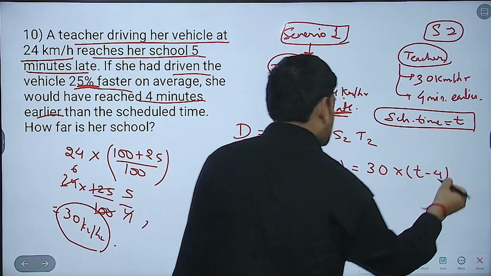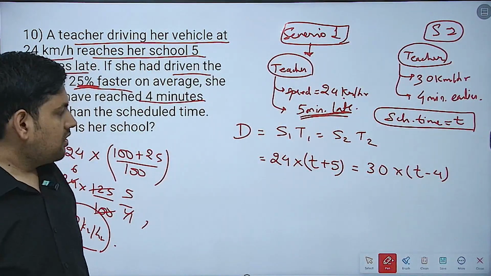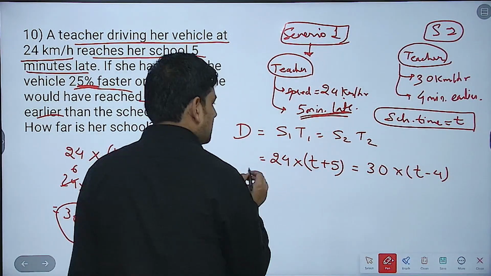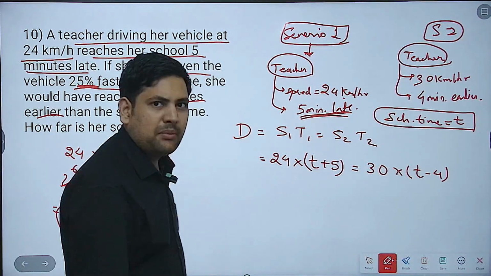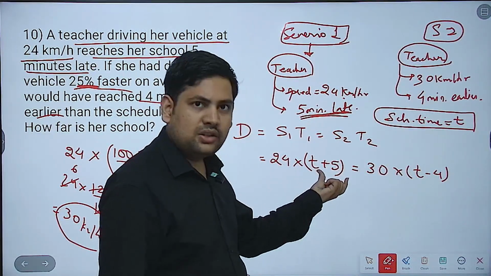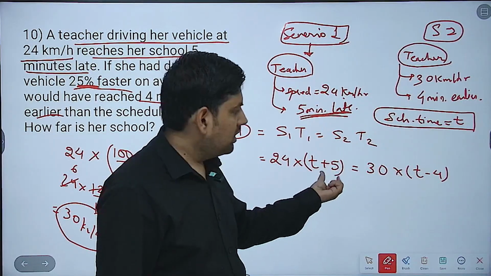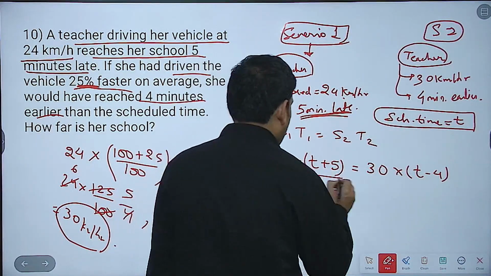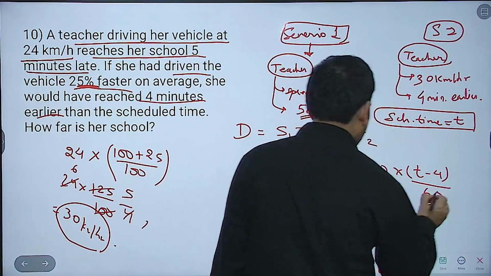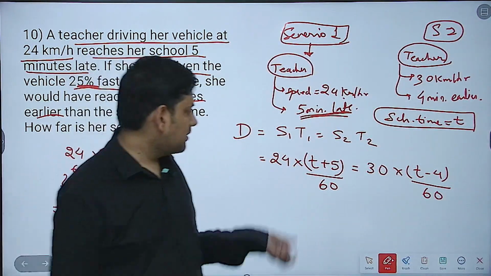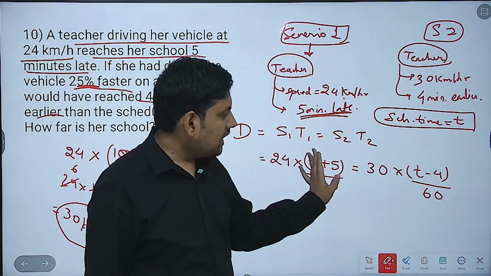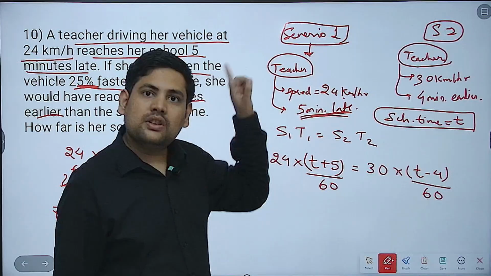Now, because this is in kilometers per hour and this is in minutes, you can divide this by 60, so this also comes out in hours, and also this by 60. So kilometer per hour into hour, the hour will cancel out, and you will get the distance in kilometers eventually.